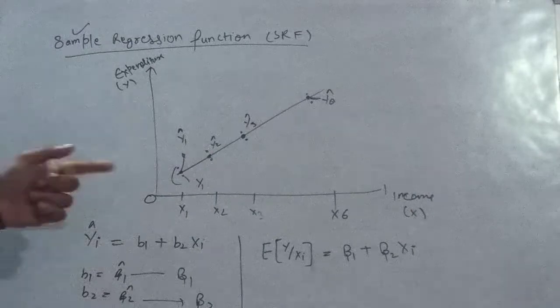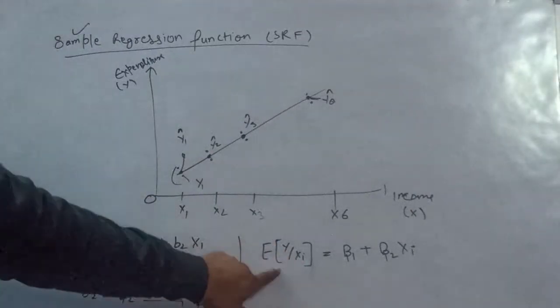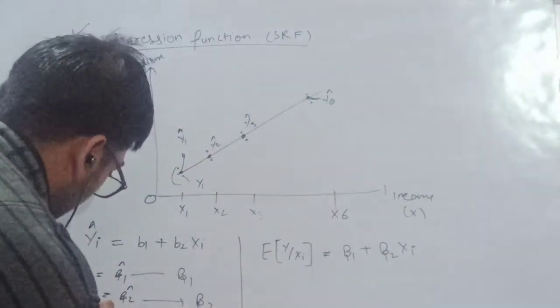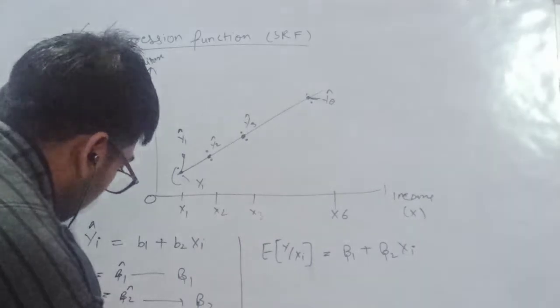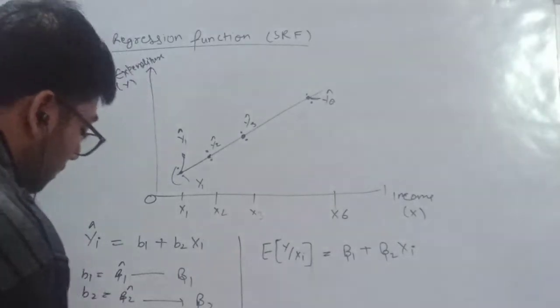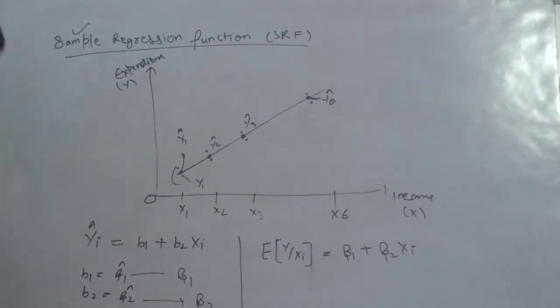And now Yi hat is the estimate of the expectation of Y given Xi. This is all about sample regression function.